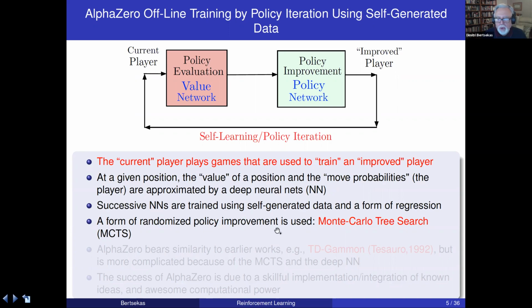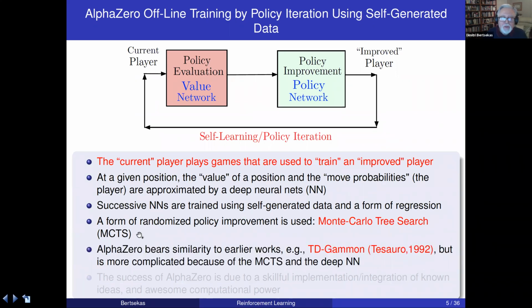There are simpler versions of policy improvement, but the Monte Carlo tree search that has been used by AlphaZero has been particularly successful. Let me also note that there were earlier works that were very similar, and they go back more than 25 years ago. There was a program called TD Gammon that plays backgammon.